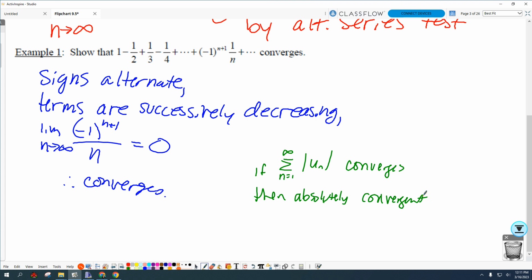Is this absolutely convergent? Like if I made everything positive, does it converge still? The example we did before was this. It's repeating. It would converge because the sign wouldn't alternate. It converges to two.